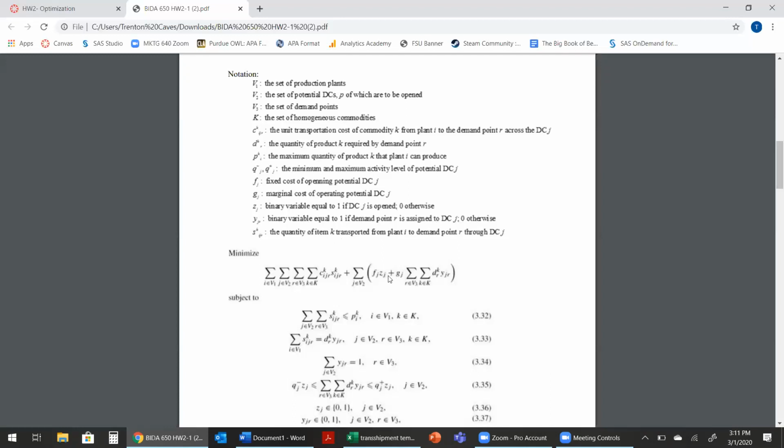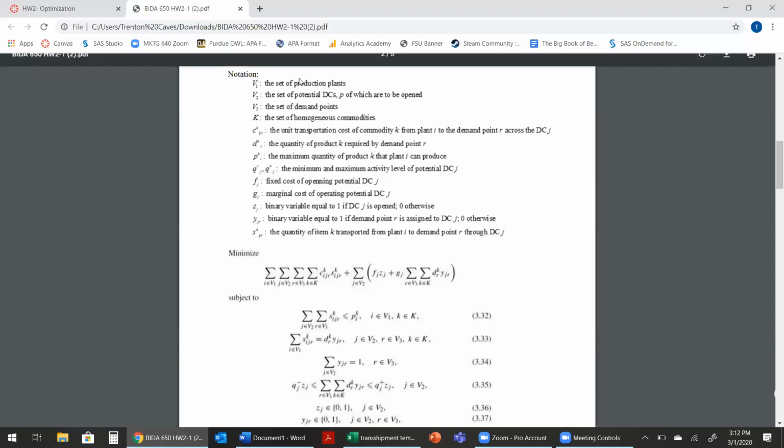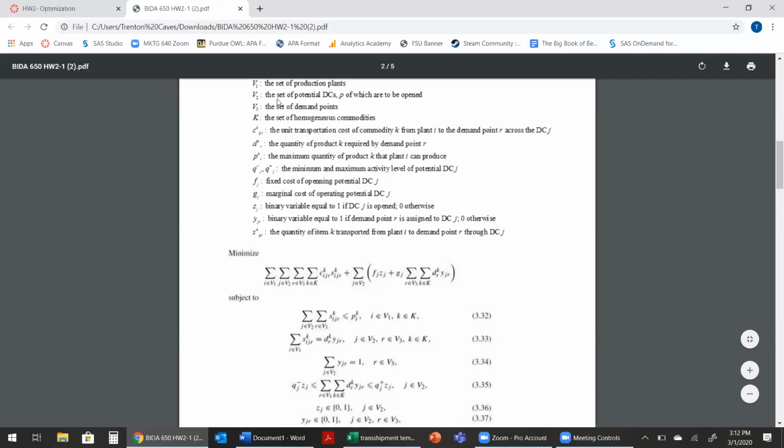And then the second half of the equation, starting with the sigma over J subset V2, F sub J Z sub J, F sub J says that it's the fixed cost of opening the potential distribution center J. So we said early on in the notation for V2, the set of potential DCs, P of which are to be opened, tells us that we're going to be opening a certain number of distribution centers.